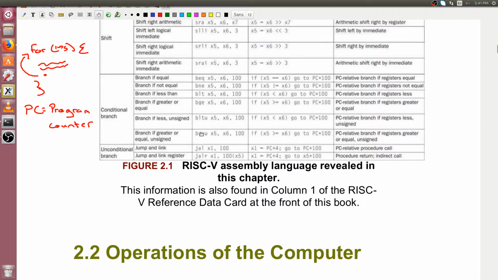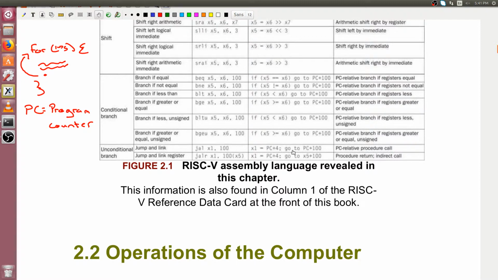You can't access a constant here? No. You can only access a constant, I think, in the unconditional branches, which are the jump and link register. This is using some relative PC.